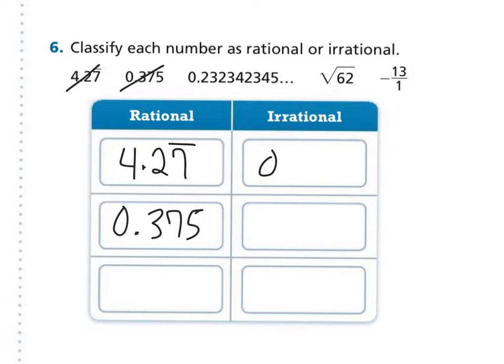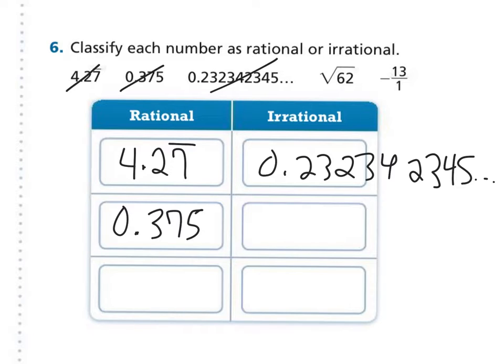The next one listed has a pattern, but it's not the exact same numbers repeating themselves, so that's irrational. The square root of 62, a number times itself that equals 62. Well, 8 times 8 is 64. Close, but we're not playing horseshoes, so that does not work. Irrational. And negative 13 over 1 is exactly our definition of rational.